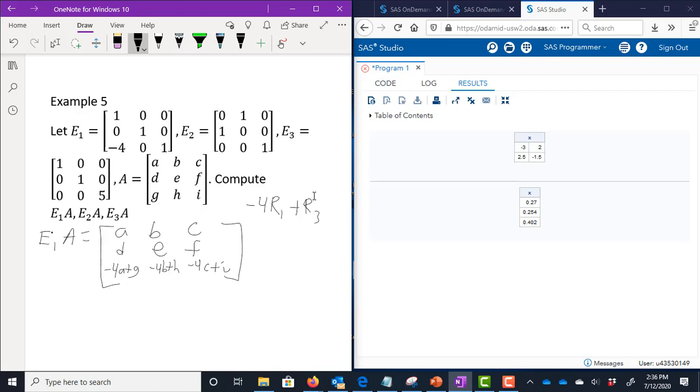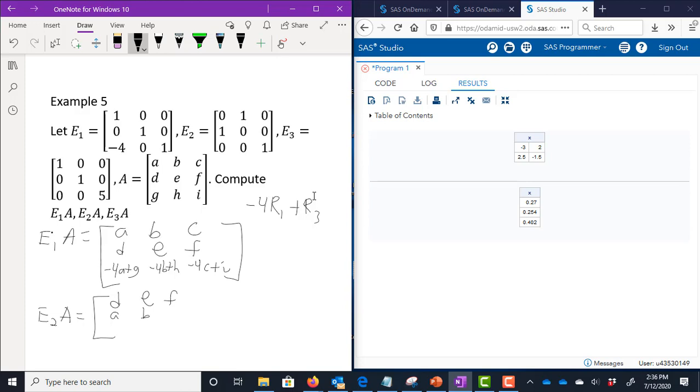Then for e sub 2 times a, this row times this column would give us a value of d. This row times this column gives us e. And then this row times this column gives us f. This row times this column gives us a. This row times this column gives us b.